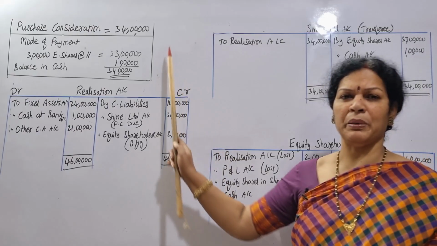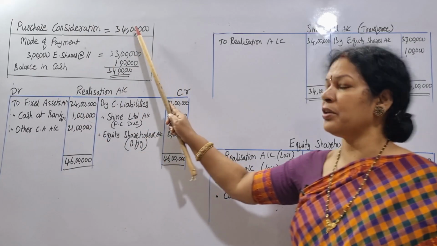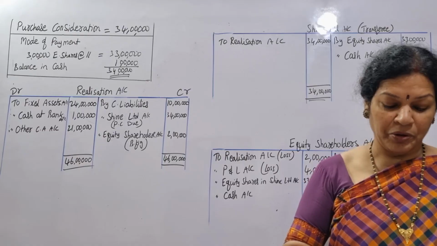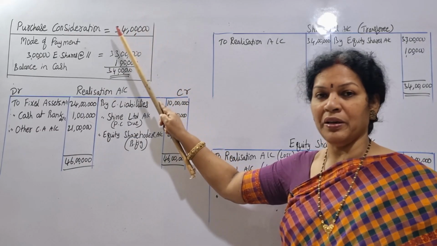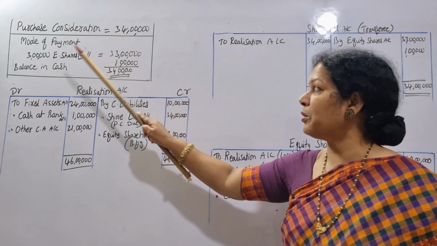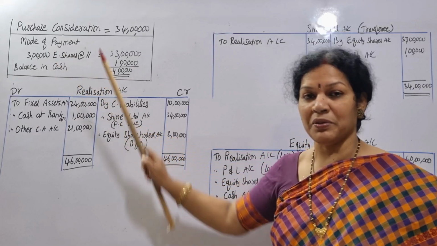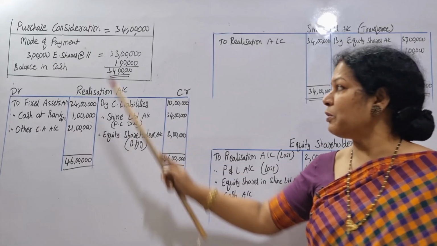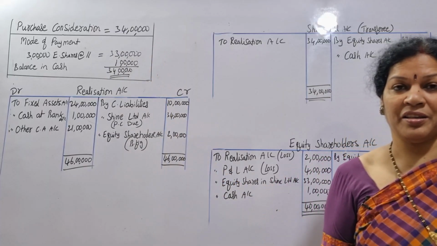First of all, try to understand the mode of payment. The purchase consideration is how much? 34 lakh, we know, and they want to pay 3 lakh equity shares at the rate of 11 rupees. The actual price is 10, but they want to pay 11 rupees. 3 lakh into 11 rupees comes to 33 lakh.